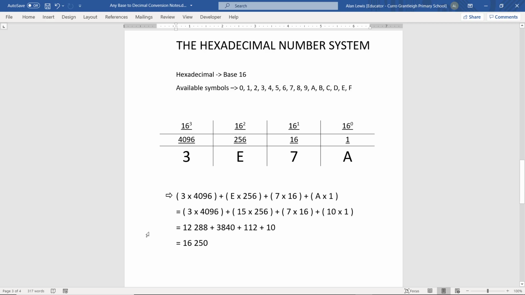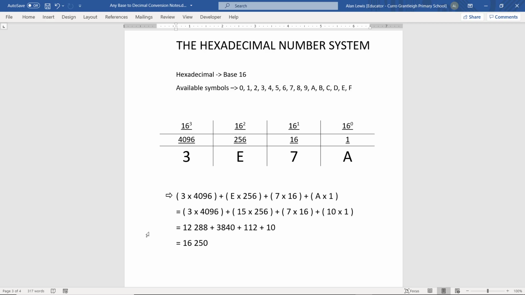So to convert any base, I've shown you how to do binary and hexadecimal. But if you were, say, an octopus and you were counting in base 8 because you've got 8 beautiful tentacles, then if you had an octal number, base 8, the digits would be from 0 to 7 because you need 8 of them. So 0 to 7 gives you 8 digits.